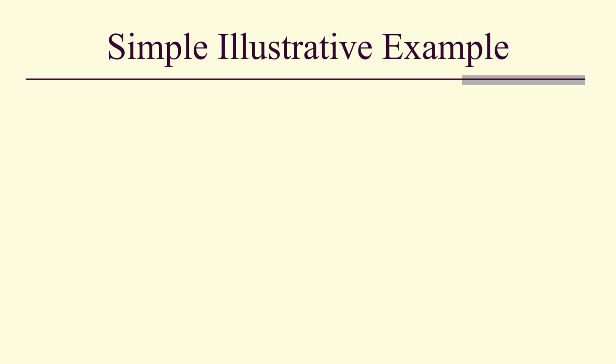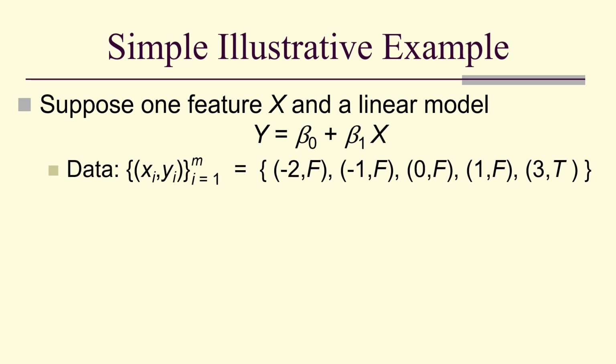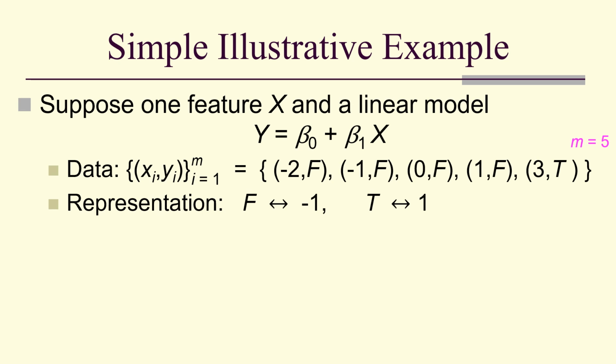So let's do a simple illustrative example using least squares loss. Our model has two parameters, beta naught and beta 1. Our data, x_i, y_i, is going to be these 5 points, and notice the y's are labels: false, false, false, false, true. And we have 5 observations.